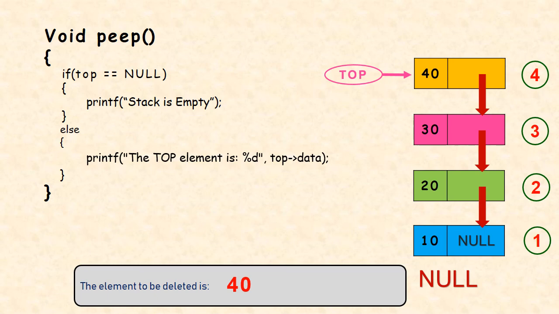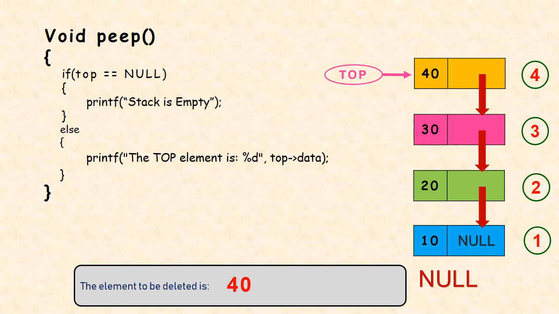Okay, now I want to talk about the if blocks in push, pop and peep. In push, the if block is verifying whether the stack is empty or not. Similarly, in pop also we verify whether the stack is empty or not. Here in peep also we are verifying whether the stack is empty or not before going further. In the pop function, if top is equal to null, that means the stack is empty.